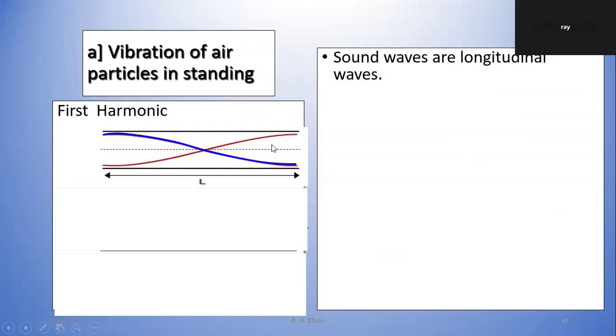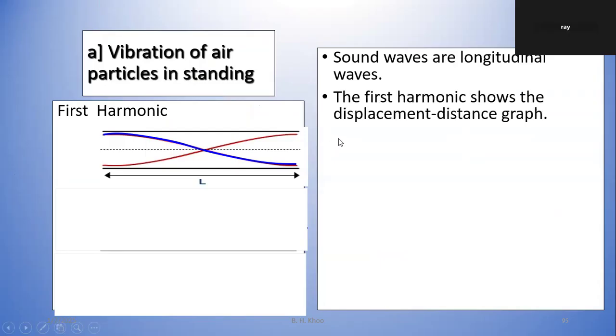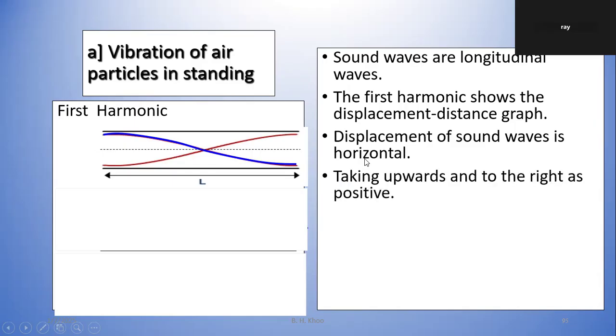sound waves are longitudinal waves. Remember that? The first harmonic shows the displacement distance graph. So depending on which one you are reading, whether we are using the blue one or the red curve, displacement of sound is horizontal.